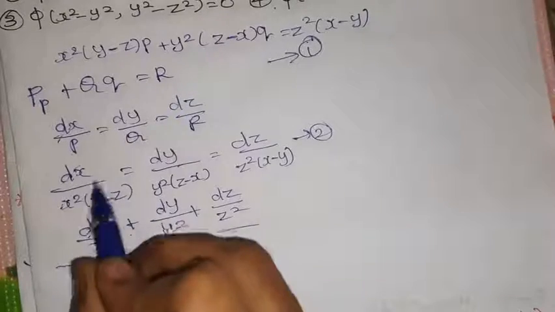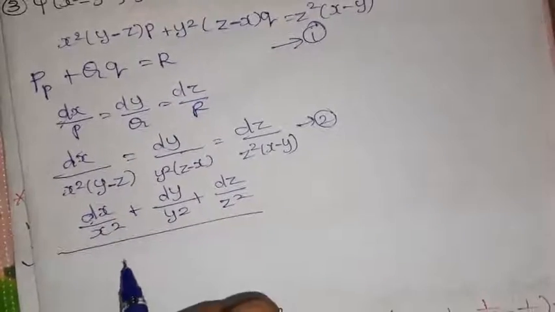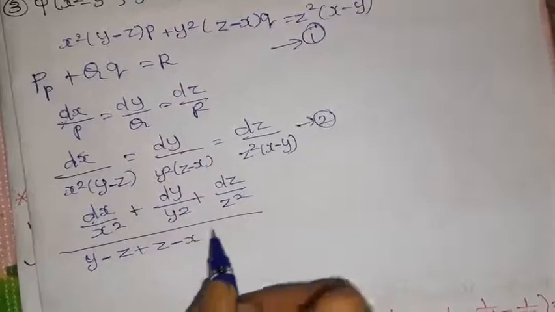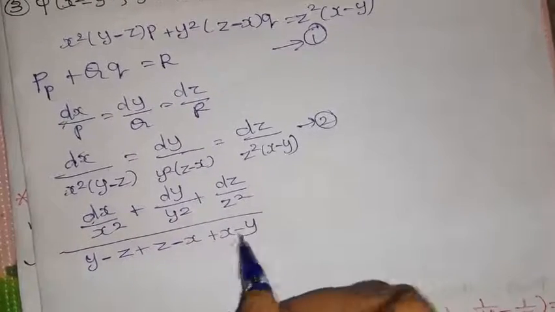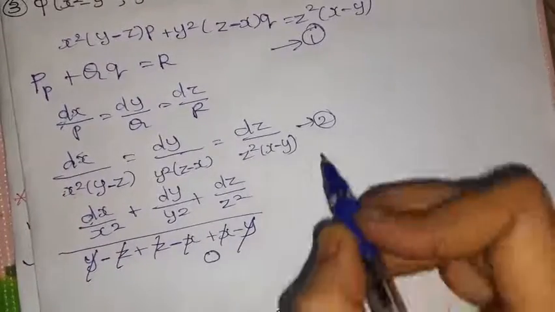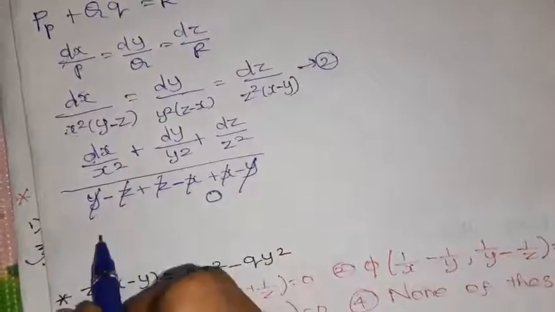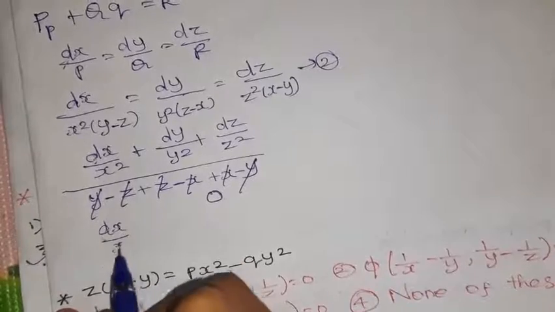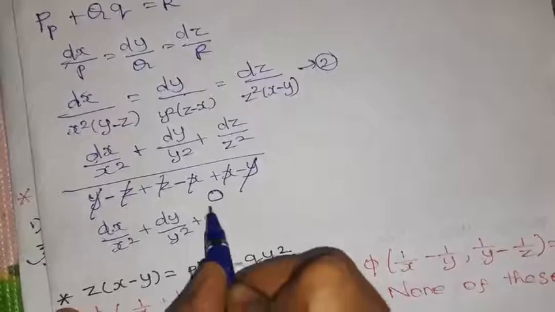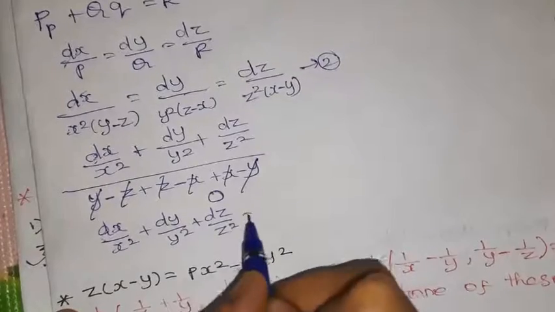What is remaining? Just add the denominators: (y minus z) plus (z minus x) plus (x minus y). In the denominator all these terms get cancelled, so we will get 0. So we get dx by x squared plus dy by y squared plus dz by z squared equal to 0.